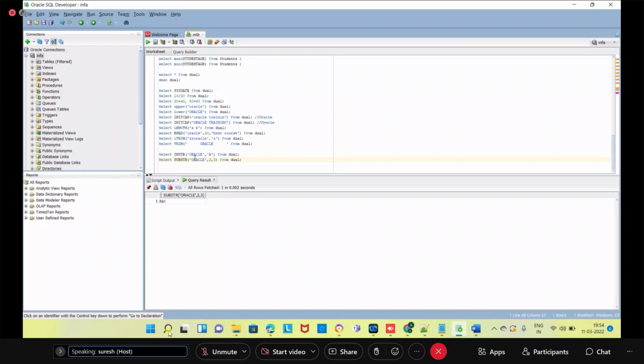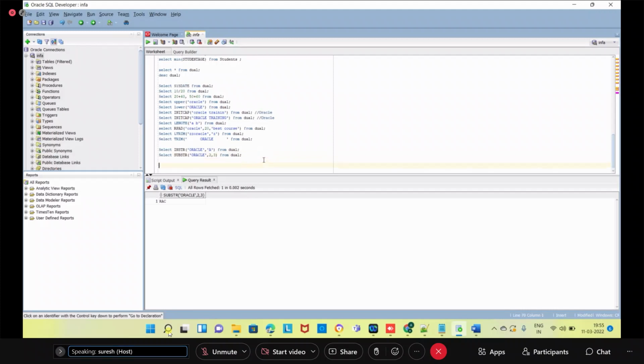If you see here, we are taking from the second position, which is R, and from that position onwards we'll be taking three characters: one, two, and three. So RAC is coming. This is the starting position, and then this is how many positions you want to cut.